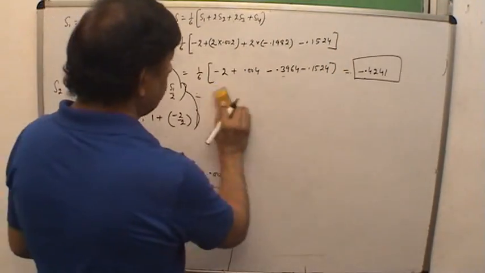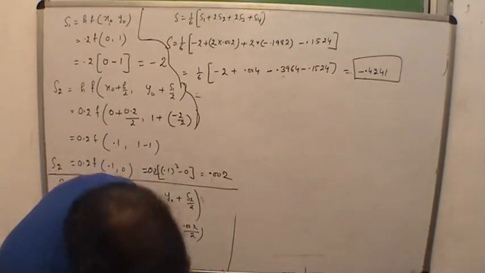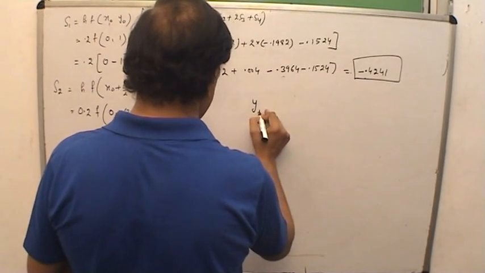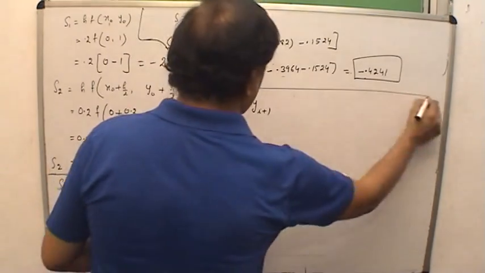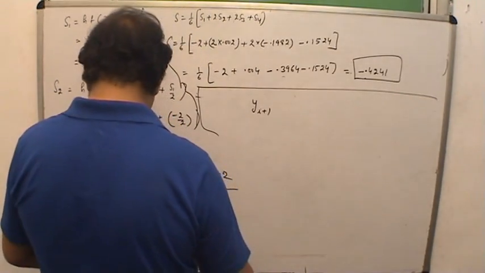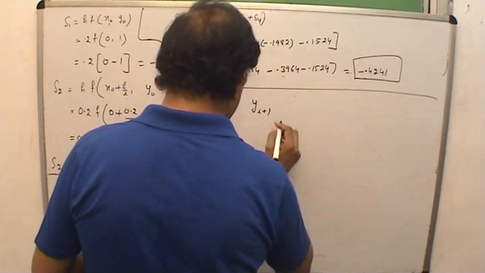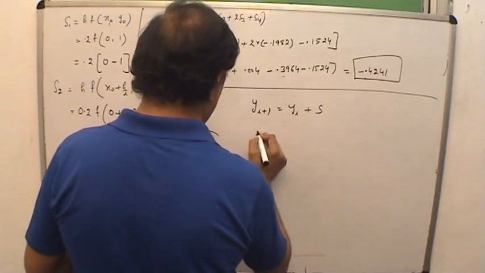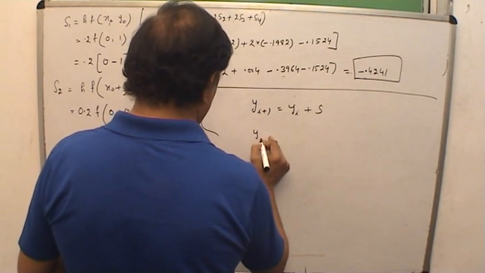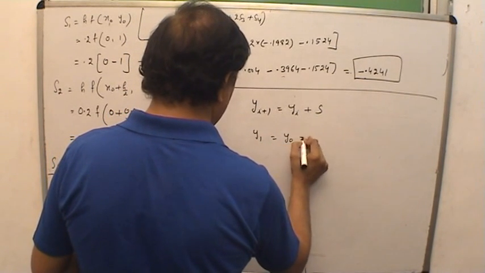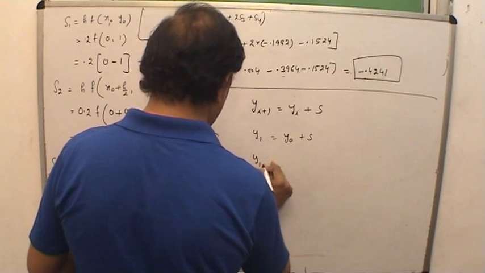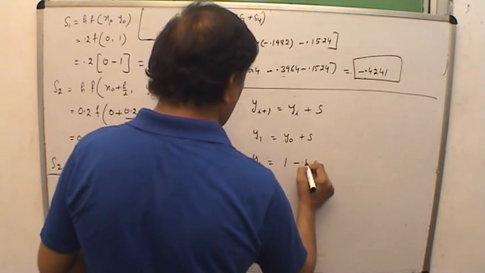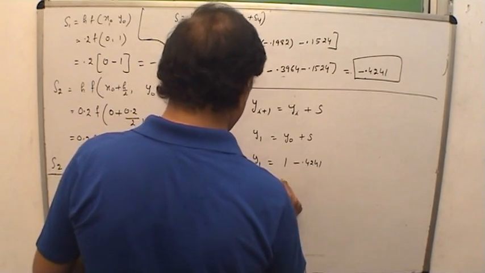That is the value of S. Now, from where we started in the first step, it was y i plus 1 equal to y i plus S, or y1 is equal to y0 plus S. y0 was 1 and S is minus 0.4241.